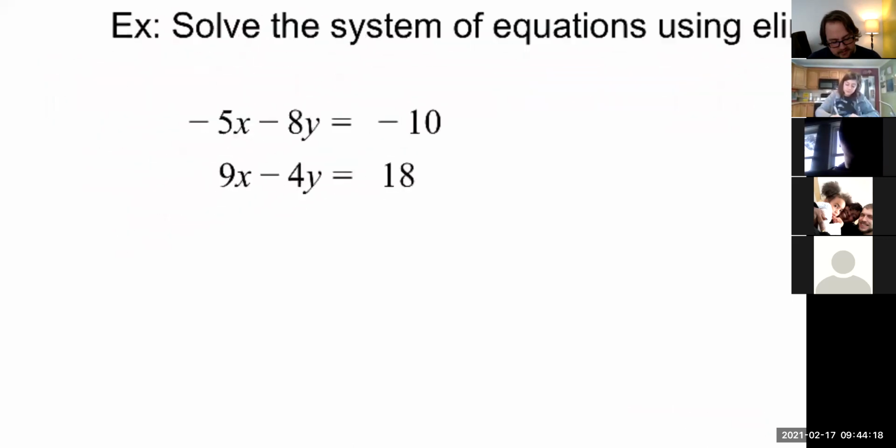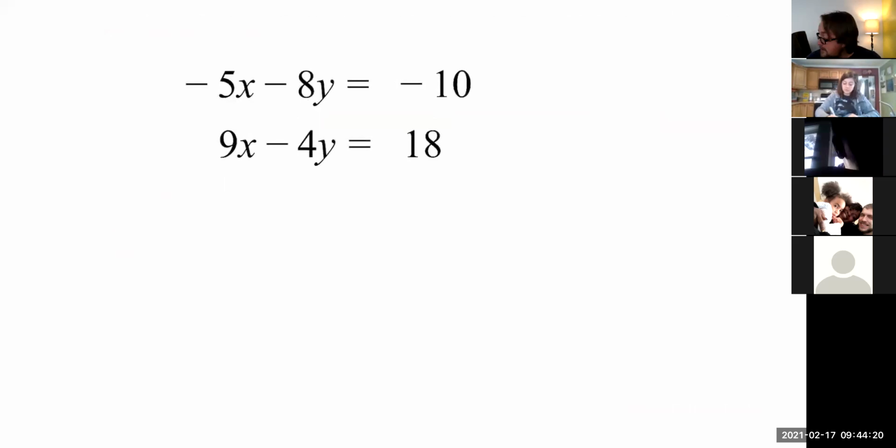So let's take a look at this system here. Right off the bat, the first condition is met. My x terms are lined up, my y terms are lined up, my equal signs are lined up, my constants are lined up. That's good. Don't need to move anything around.